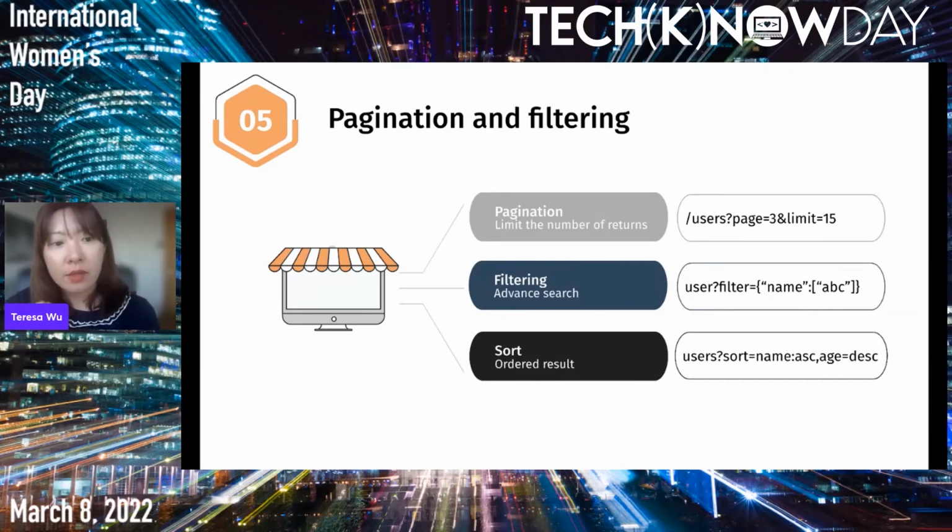Okay, so once you've done all these top four points, now you can do some nice functions to enhance your API design. You can add some pagination and some filtering. Imagine you have an app that returns 1,000 records to make a list view, and it could be a quite bad user experience, right?